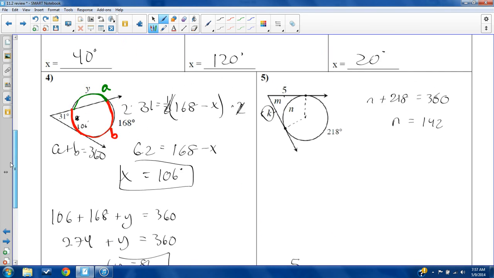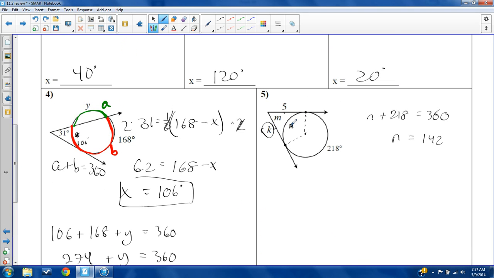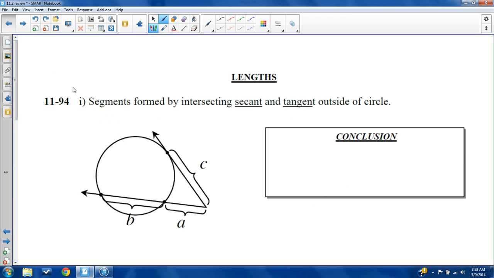Right there. Okay, so if n is 142, that's not only the measure of this arc right here. The arc and central angle are both congruent. So this is also 142. If you remember, when you draw radii intersecting with tangent lines, these are 90-degree angles. So we always said that these two, if these are 90, these add up to 180. These also have to add up to 180. So m plus 142 equals 180. Or better yet, as we put, m was our x over here.